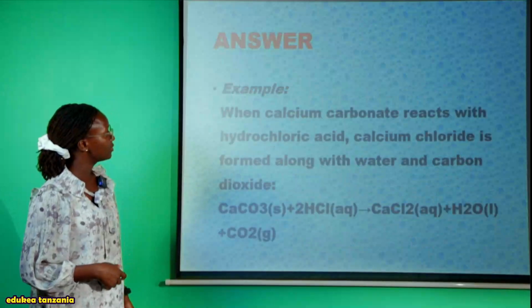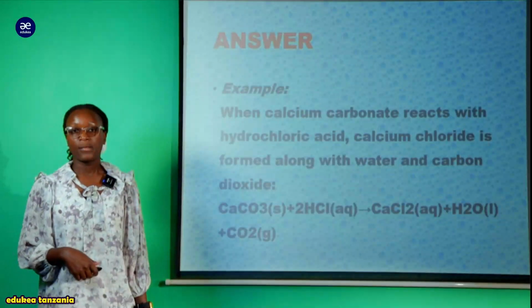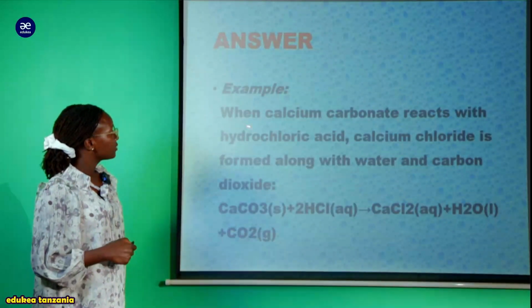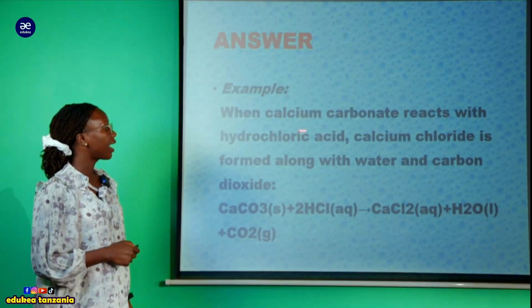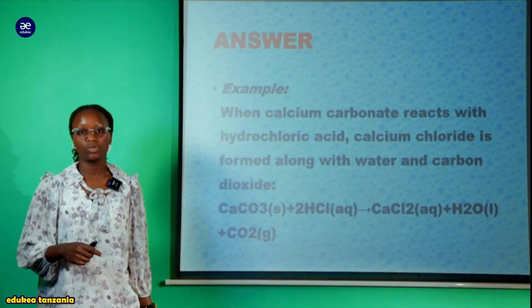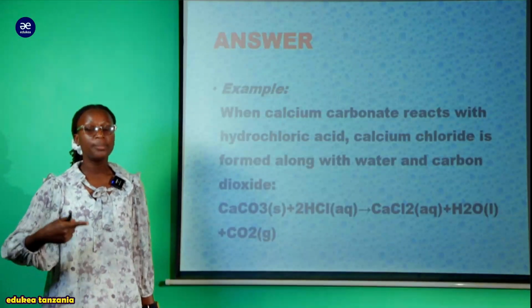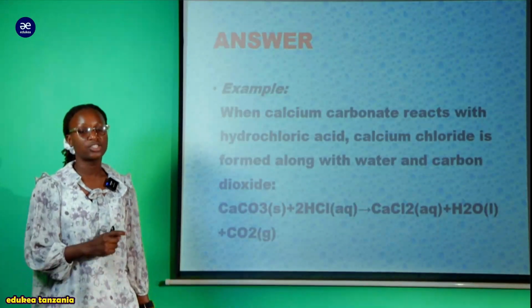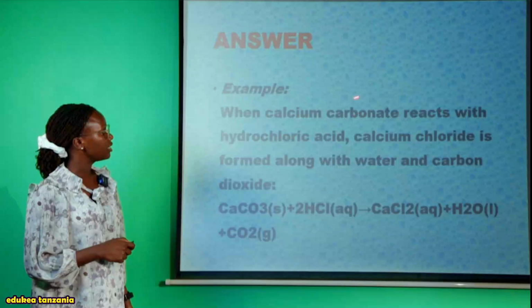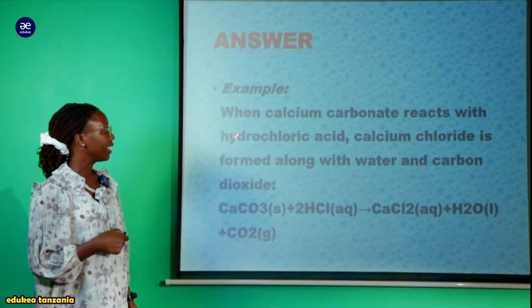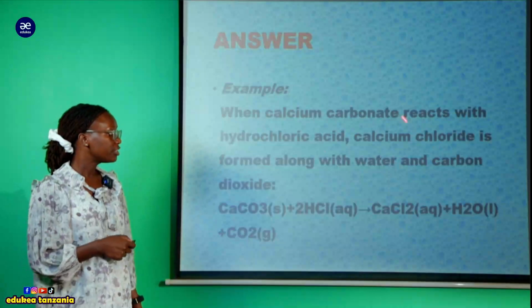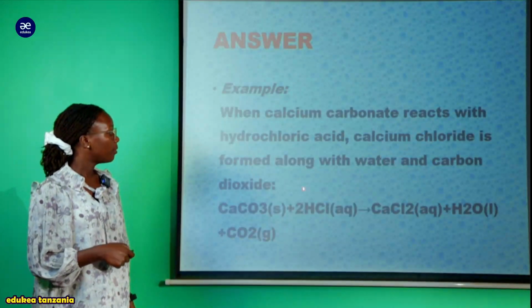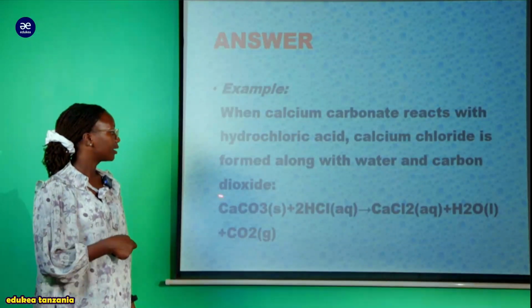So now let's see the example. The good example is when calcium carbonate reacts with the hydrochloric acid. Calcium carbonate, remember we are talking about the reaction between metal carbonate and the HCl. So this calcium carbonate reacts with the HCl. Therefore the chloride of calcium is formed along with water and carbon dioxide.